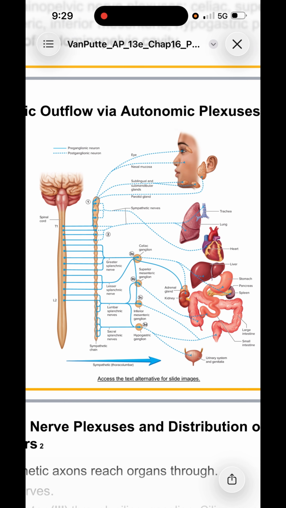Lumbar splanchnic nerves, 3C, inferior mesenteric ganglion, large intestine, small intestine, lumbar splanchnic nerves. Sympathetic chain, sacral splanchnic nerves, 3D, hypogastric ganglion, urinary system, and genitalia.